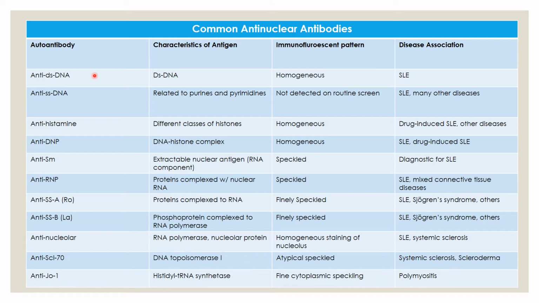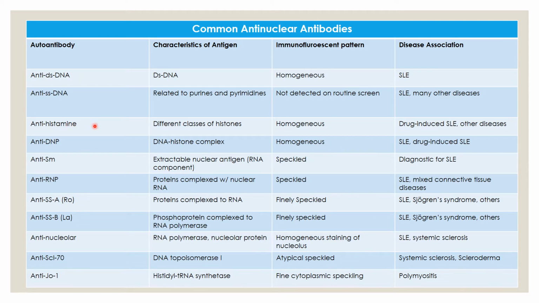When we look at the anti-nuclear antibody, and you'll see some of these later, we report not just positive or negative, not just a titer, but we also report a pattern. This is what they're talking about here with the immunofluorescent pattern. The pattern that we see on the anti-nuclear antibody is associated with certain types of autoantibodies.